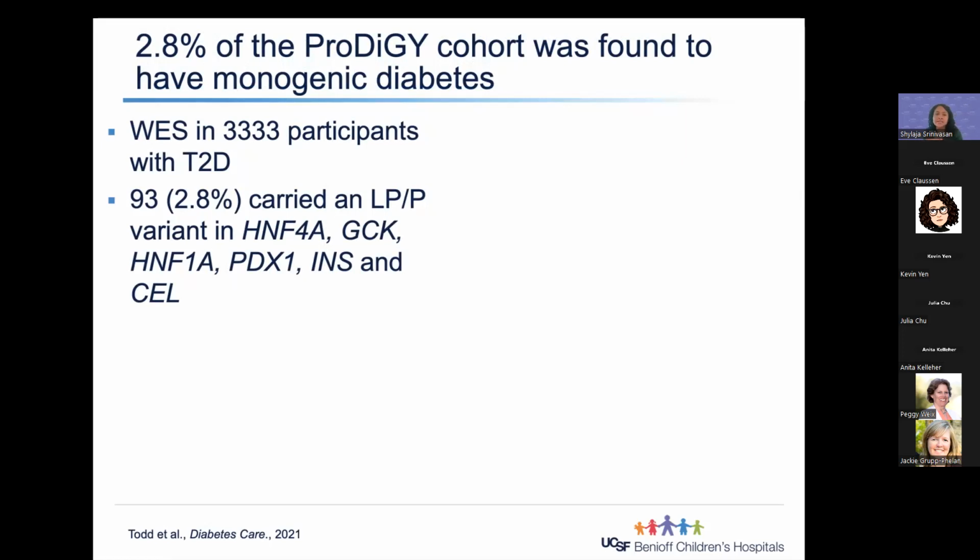Glucokinase MODY is the best kind of MODY to have, because individuals with GCK MODY do not require any treatment. They just have slightly higher glucose values, but they do not require treatment, and their risk of complications is also low.